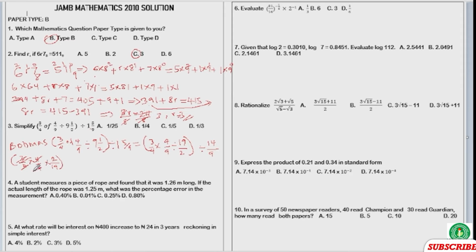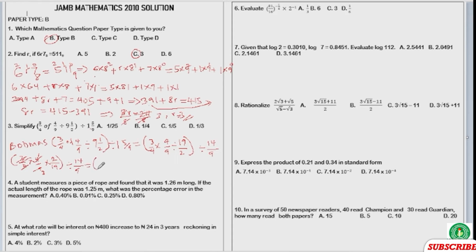Then how many times does 3 go into 9? 3. So don't forget we still have to divide by 14 over 9 outside. So here we only have 1 over 3 times 2 over 19.